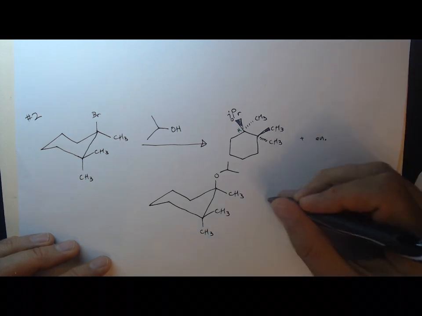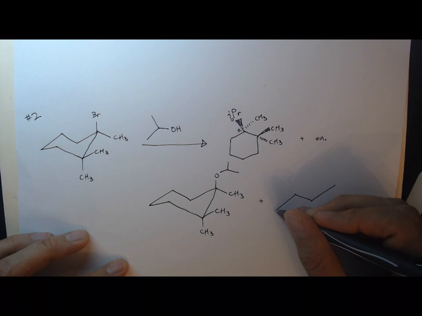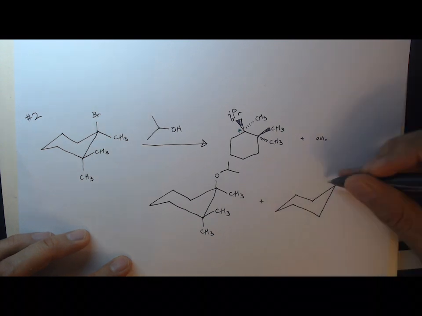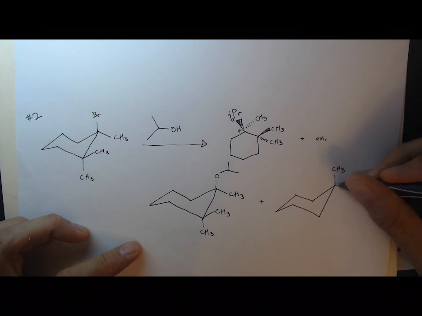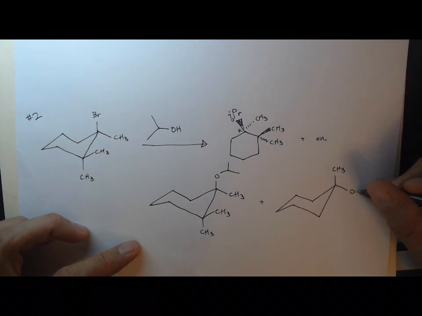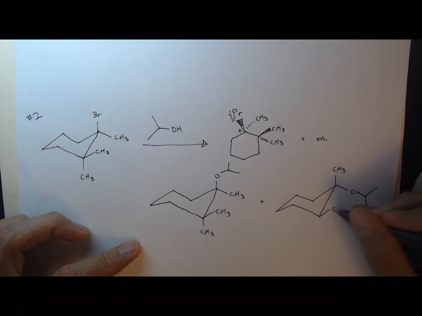Okay. Then we could draw the enantiomer. So instead, I'm going to have methyl up and then this one down. Like that. And then this part's the same. Like so.